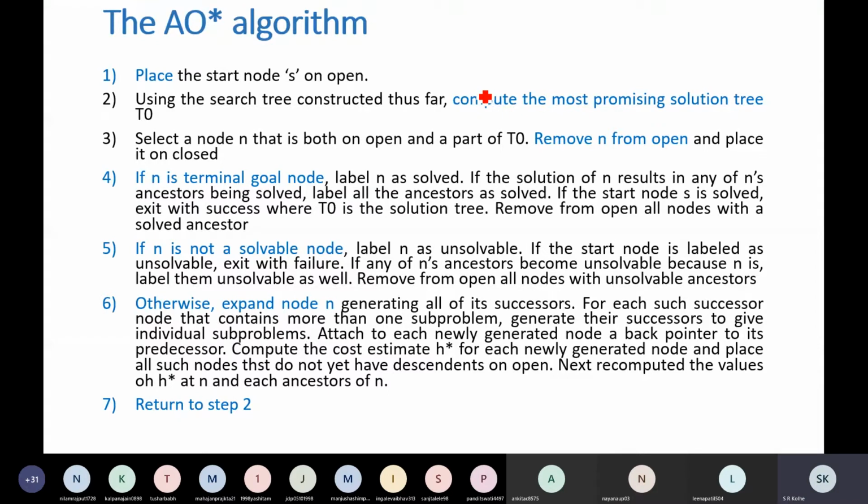We have just said to compute the cost, but how those costs will be calculated, that detailed mechanism we have not specified in the algorithm. Similarly, we are just saying return the solution tree, but how the algorithm actually will return that has not been specified. So during the simplification process, certain things we have compromised in this algorithm, but this will give you an idea of exactly how the algorithm works.